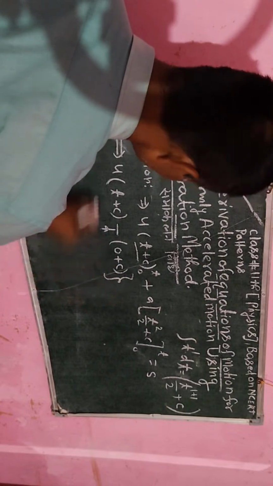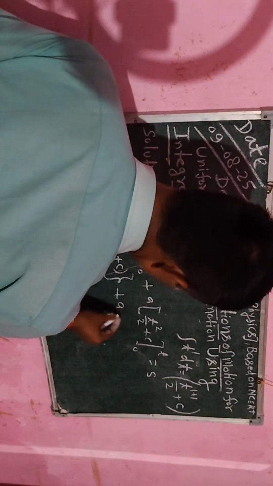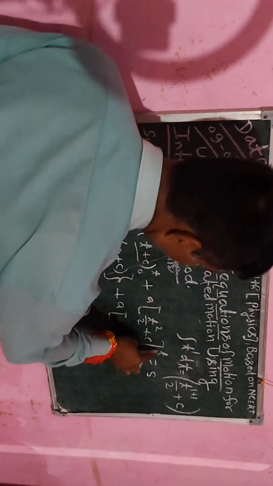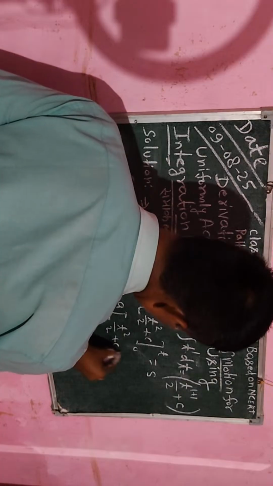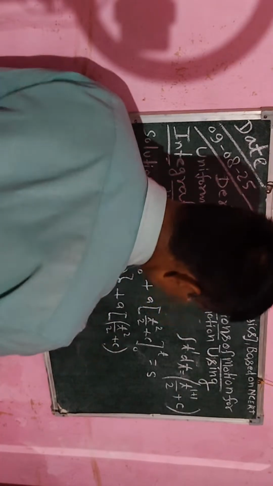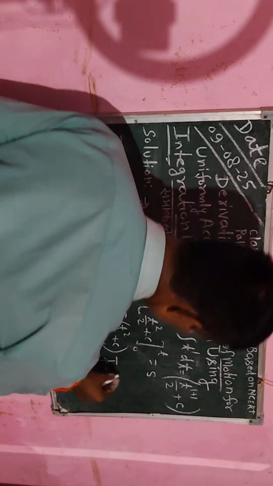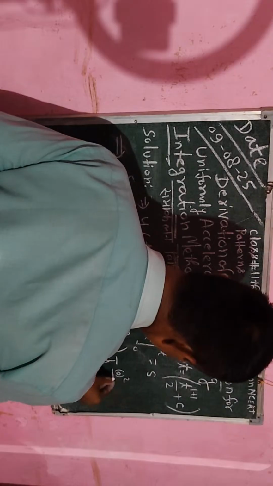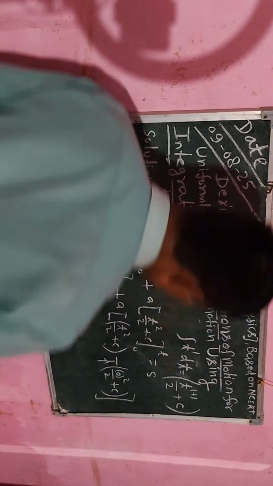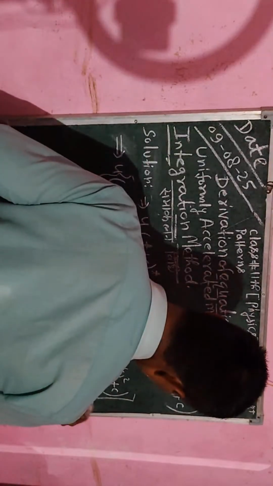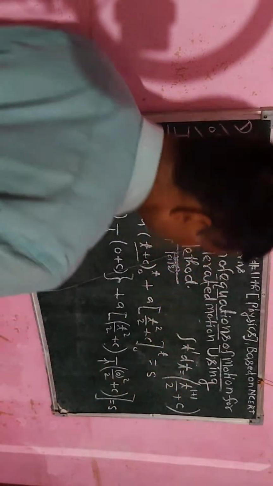I will write this in a curly bracket, and again I will put a, and then the upper value, so that will be t square divided by 2 plus c, in small bracket, and then the lower value 0, that will be 0 square divided by 2 plus c, also in bracket. Okay, and the right hand side value I will put there.